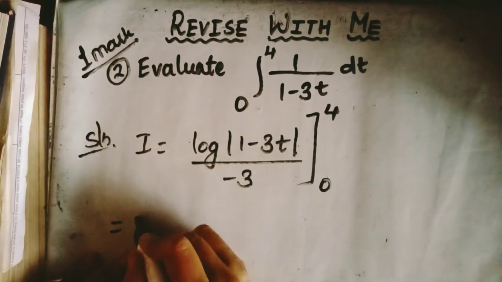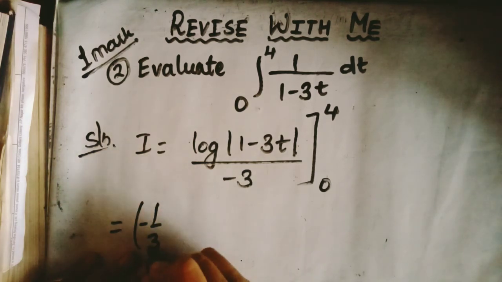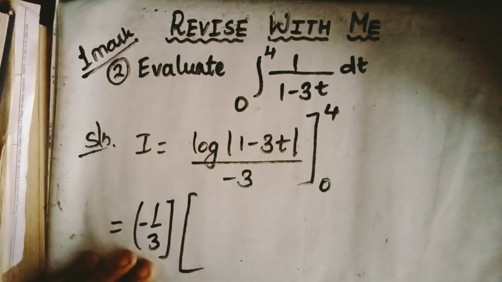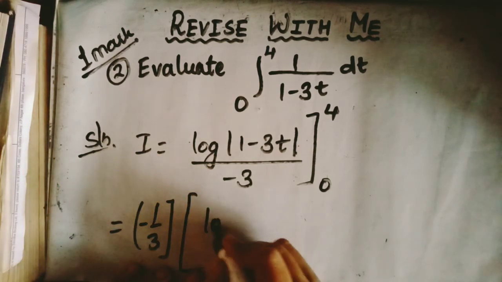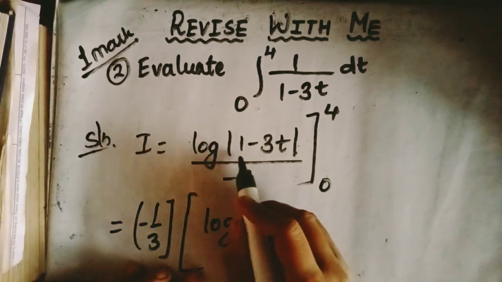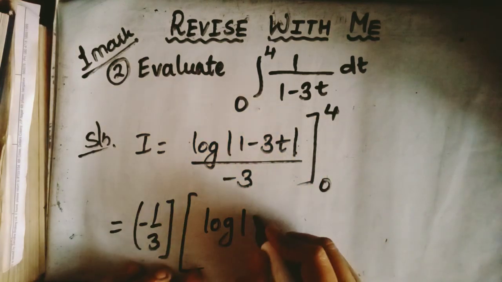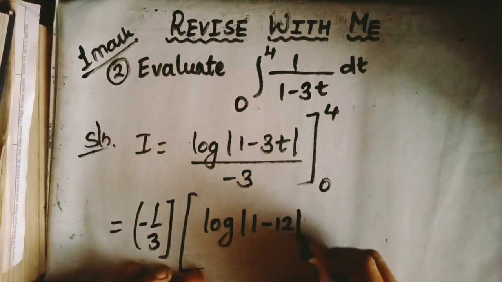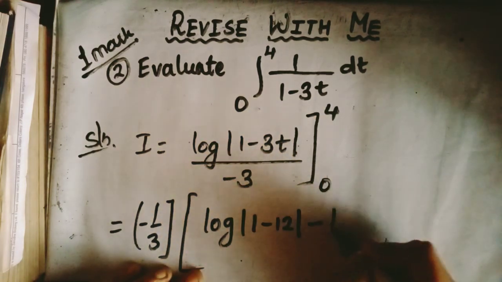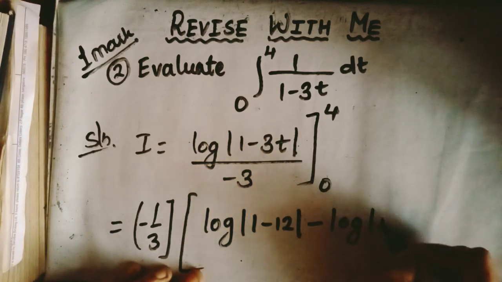Now substituting the limits, minus 1 upon 3 I can keep outside, so this is log of 1 minus 3 into 4, 12, minus log of 1 minus 0, so log of 1.